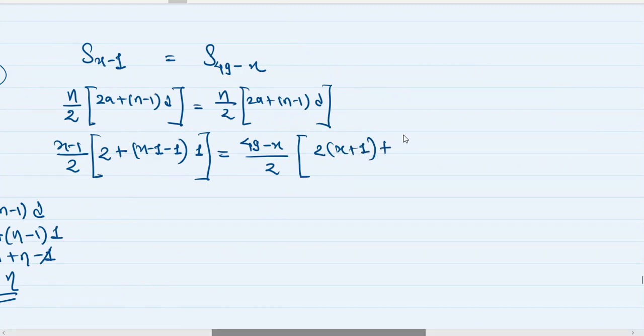Plus n is 49 minus x minus 1, 49 minus x minus 1, which is n minus 1, into 1.